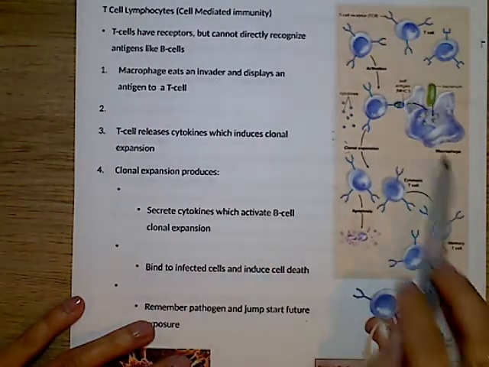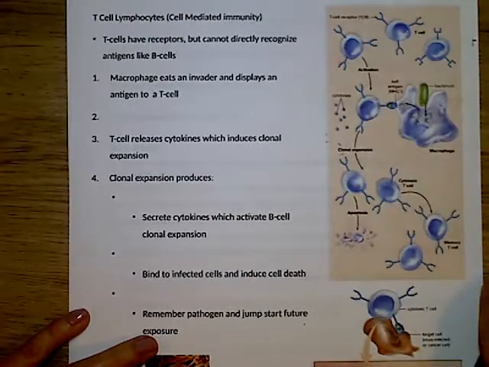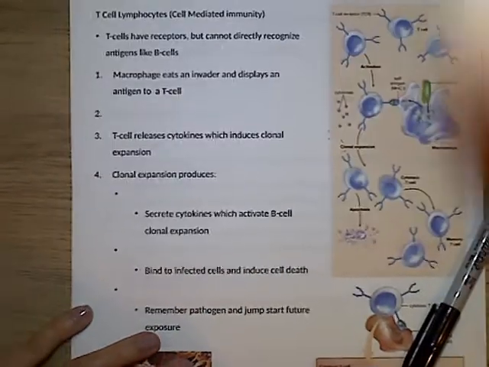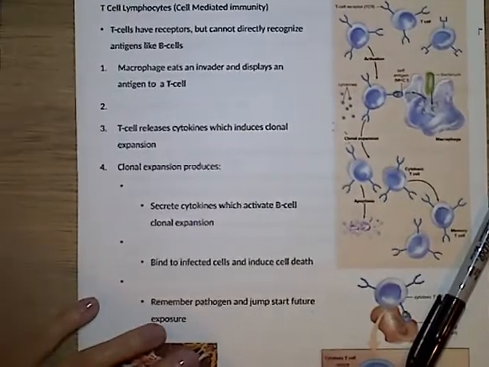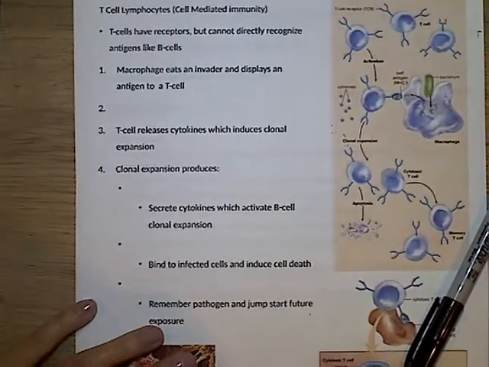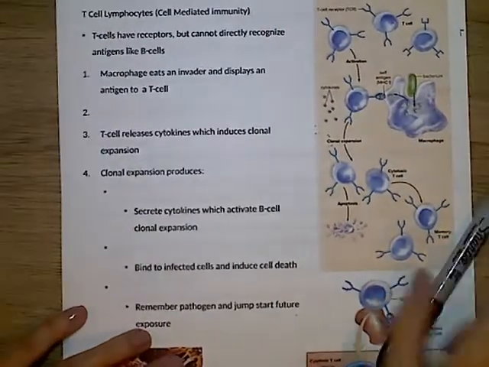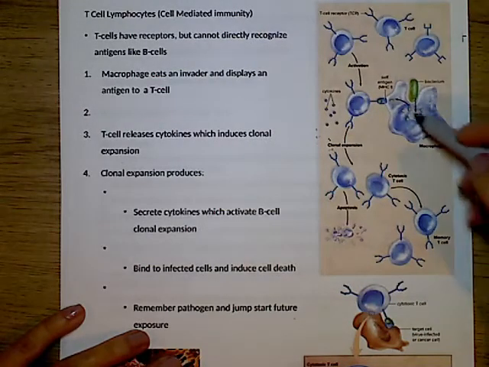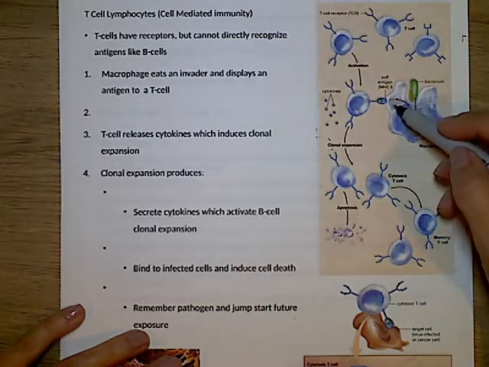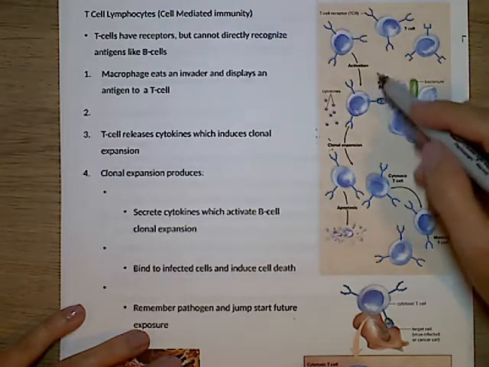The macrophage, which is this guy, eats an invader. So here he is gobbling up a bacterium and displays an antigen to a T cell.